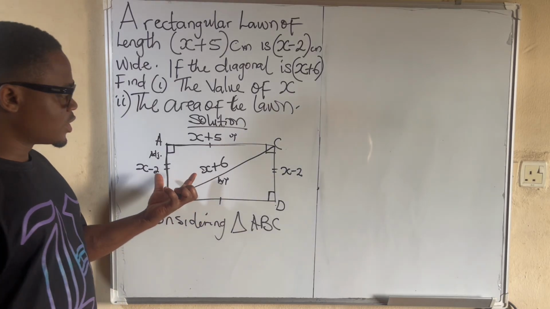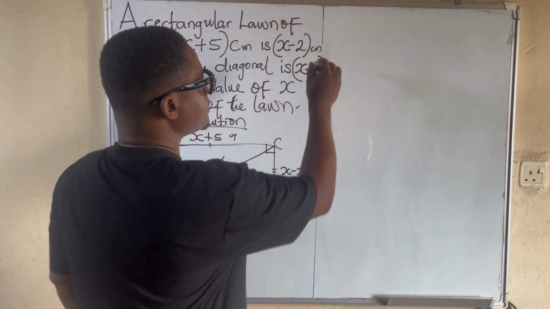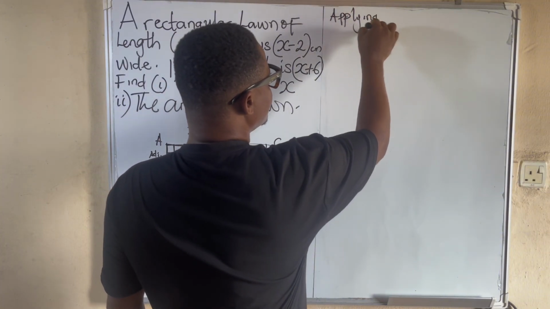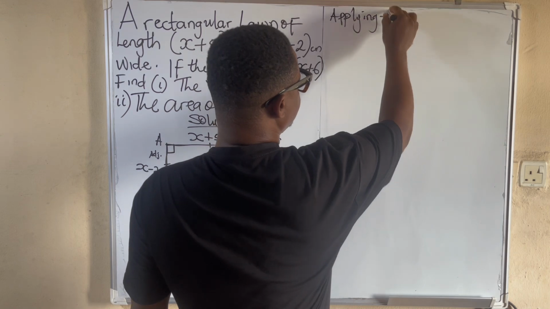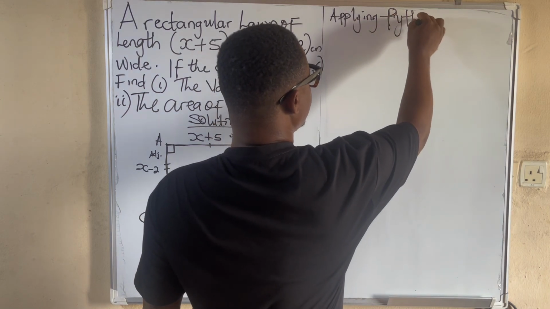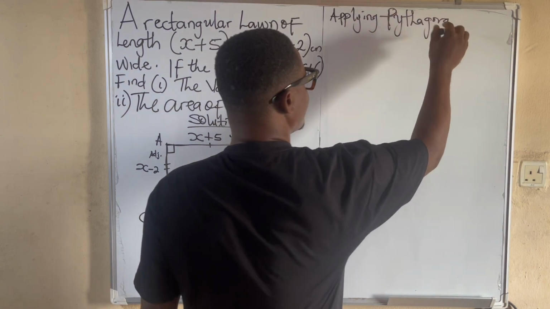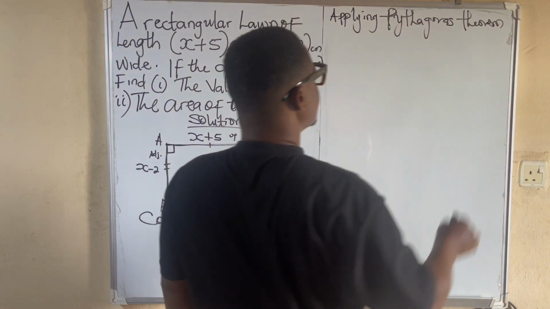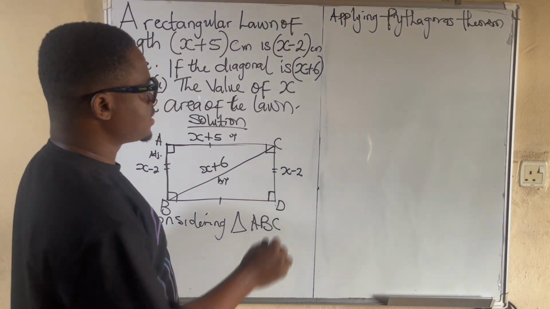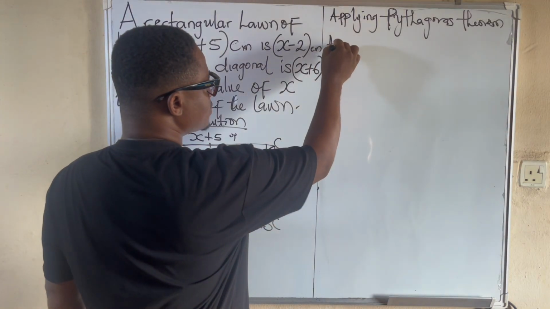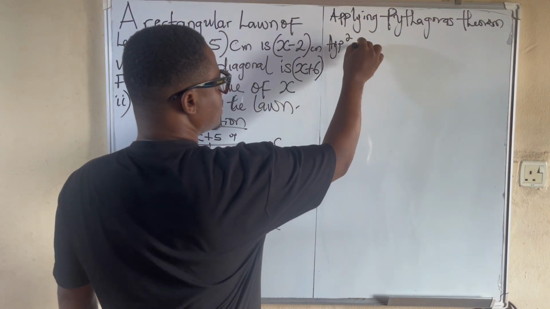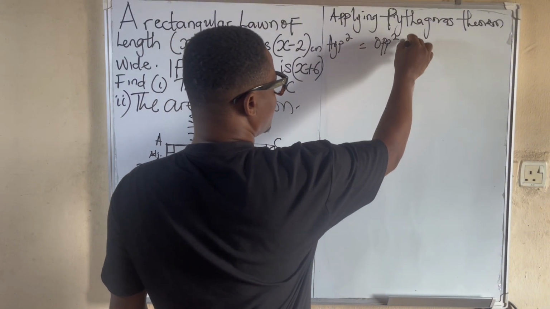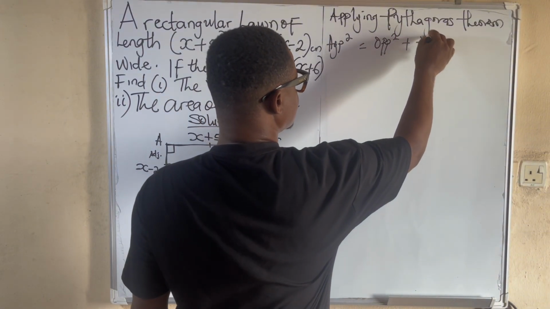Applying the Pythagoras theorem, the theorem says that the square of the hypotenuse is equal to the square of the opposite plus the square of the adjacent.